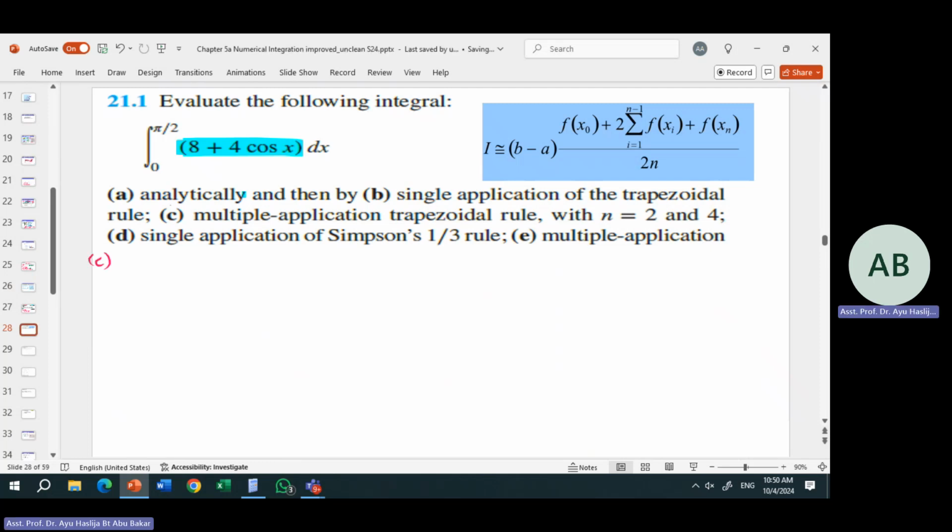Okay, for C, n equals 4. So find your h first. b minus a over n. n is 4.